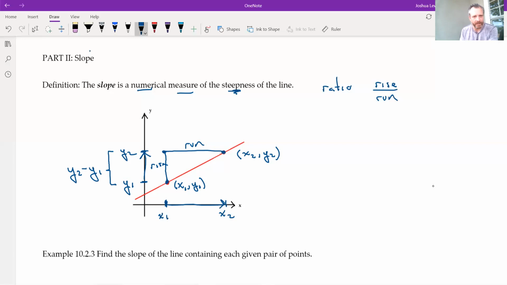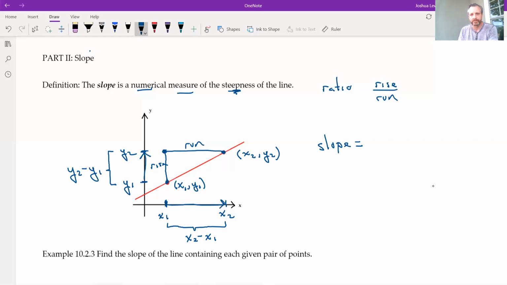Similarly, the run: I end at x2, I start at x1. So if I start, I don't know, 11 feet from the origin and I end 13 feet from the origin, I've gone 2 feet, right? I find the difference. So this distance is x2 minus x1.